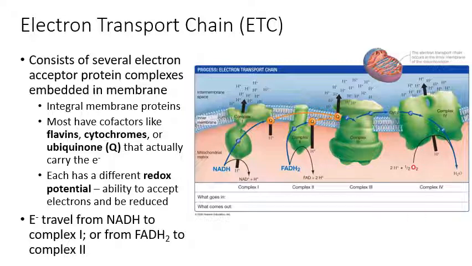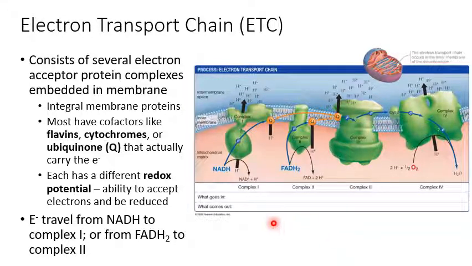A final thing to note here is just that your electrons from NADH enter the electron transport chain at complex 1. Your electrons from FADH2 enter the electron transport chain at complex 2, so it's a little bit later, and then both of them would be funneled to complex 3.